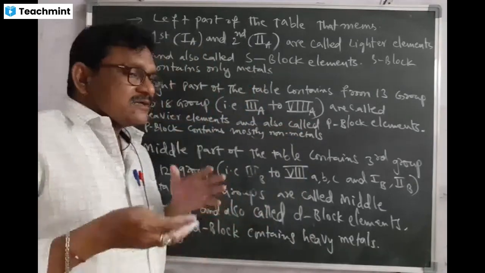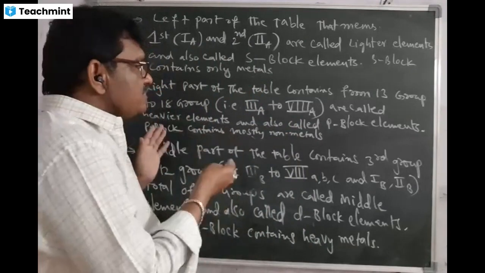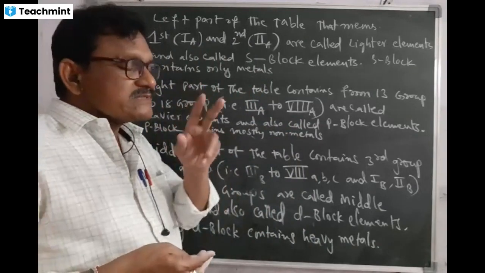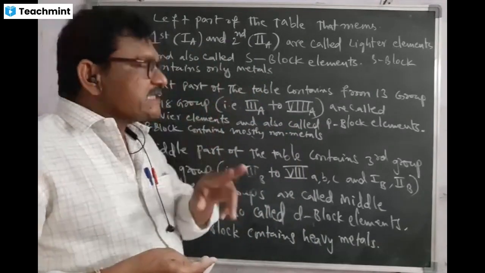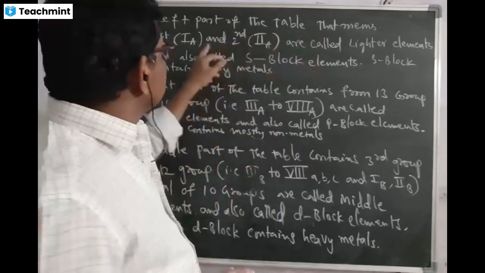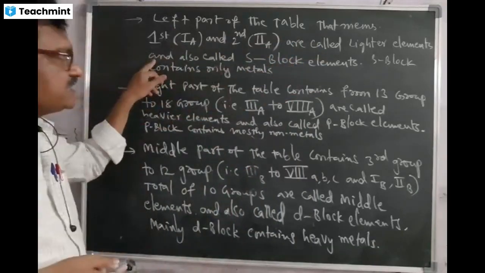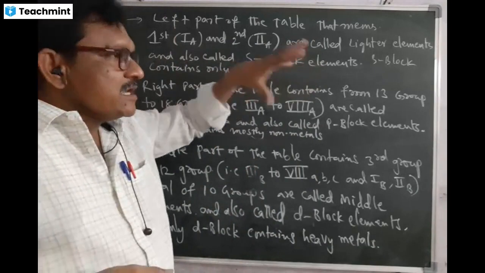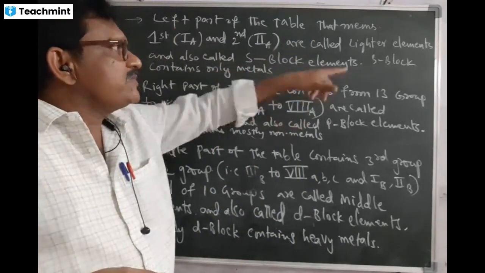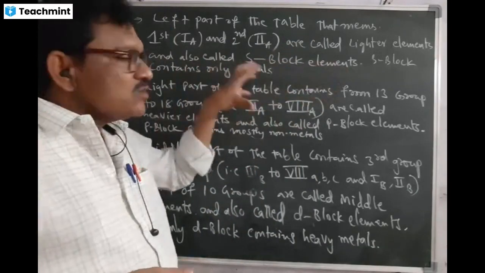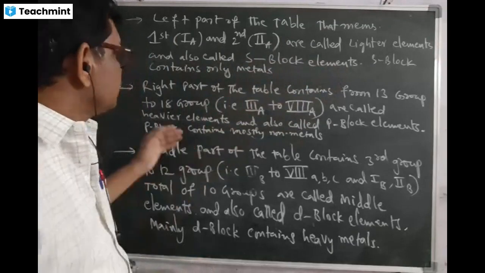So here, the left part of the table, two groups, first group and second group, also called first A, second A, are called lighter elements and also called S block elements. And moreover, remember, S block elements contain only pure metals.